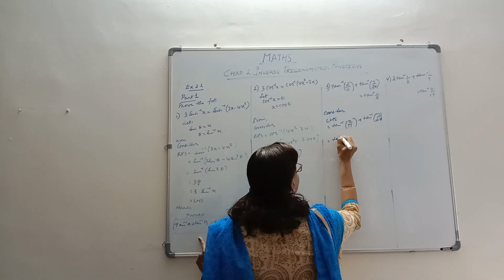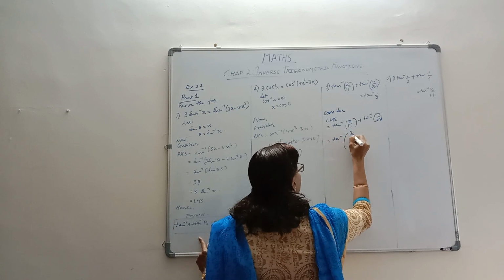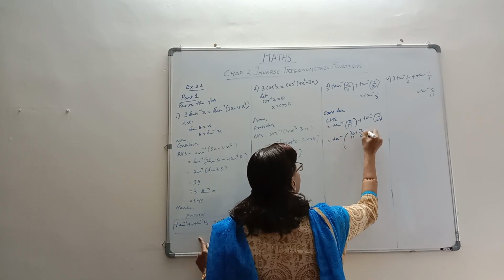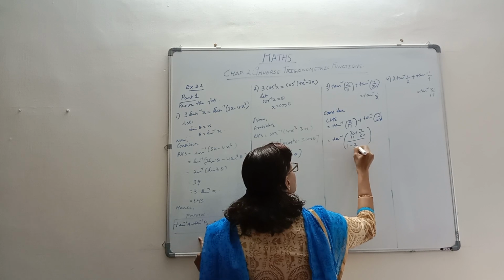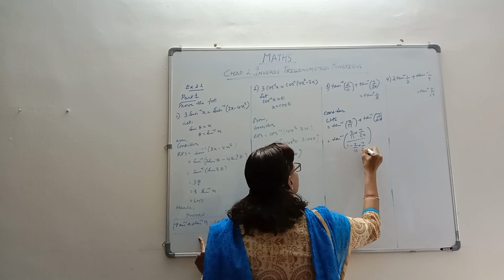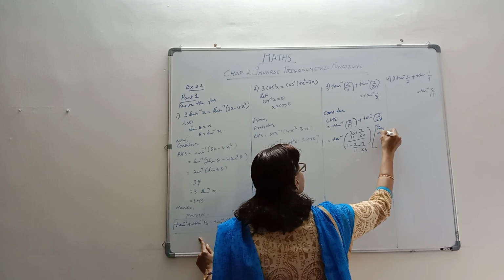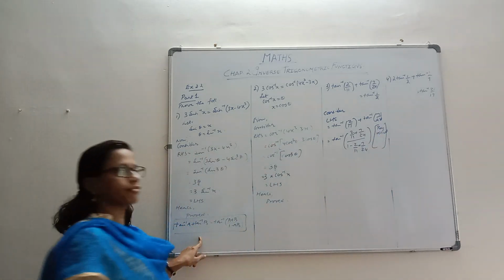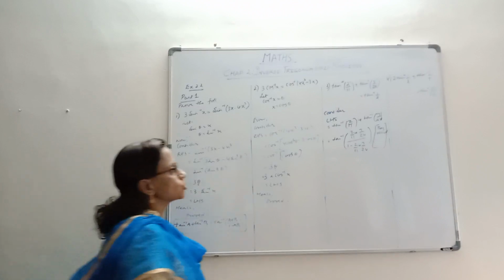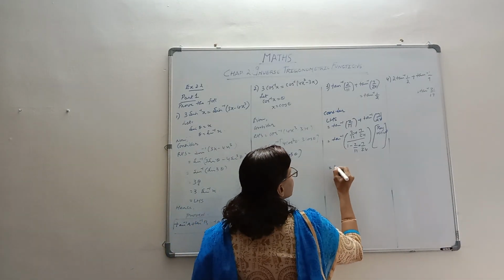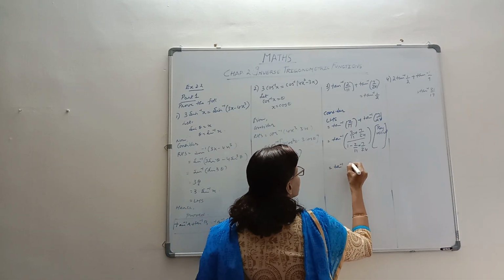That is tan inverse of (2 by 11 plus 7 by 24) whole by (1 minus 2 by 11 into 7 by 24), by the result. The space is a little insufficient, so you can refer over here, and this is the result. So now let's apply it.